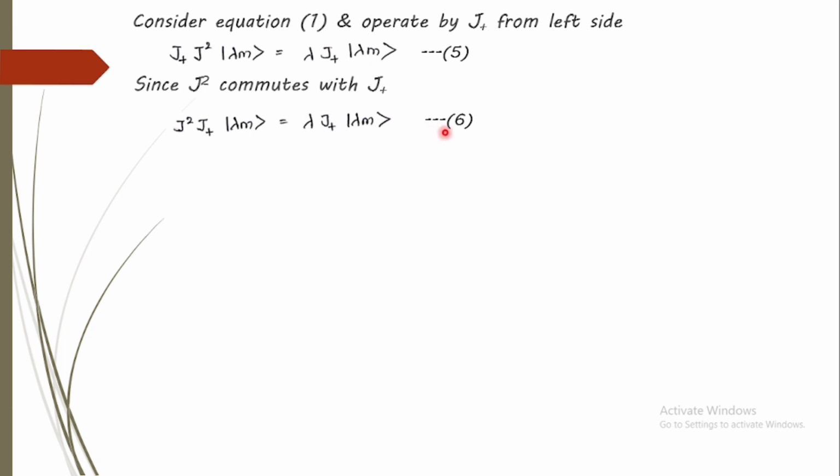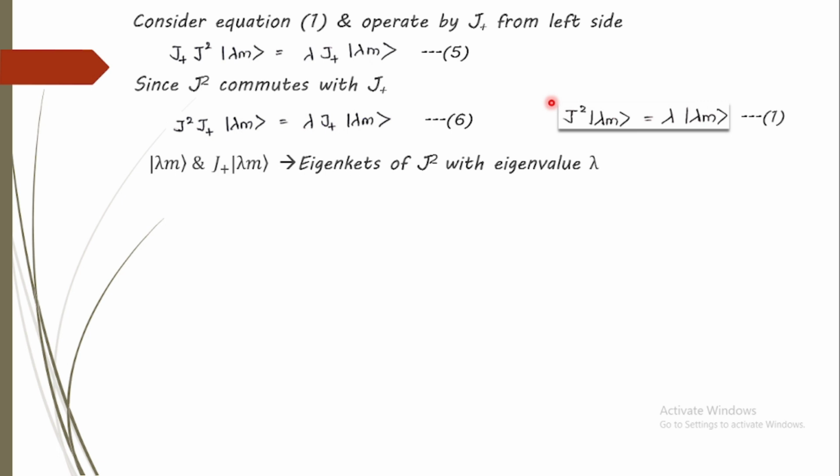If we compare equation number 5 with equation number 1, we can say that ket lambda m and j plus ket lambda m are eigenkets of j square, or eigenfunctions of j square, with the same eigenvalue lambda.